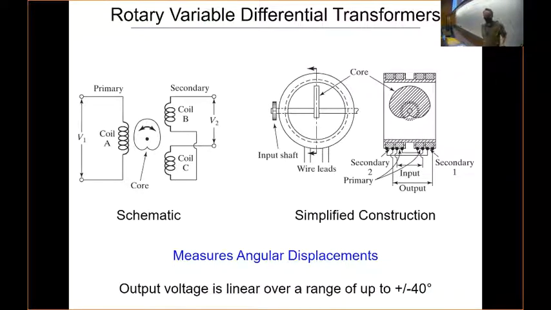Now, moving on to the rotary variable differential transformers. The core concept is the same thing. You still have this primary AC voltage being applied to it. You have a coil producing a magnetic field. The main difference is just this core. Here we're seeing a section through this. You have an input shaft, and that rotary motion is going to displace the core like this.